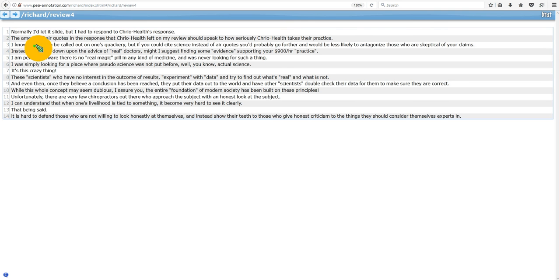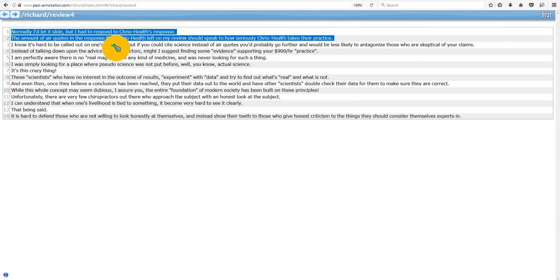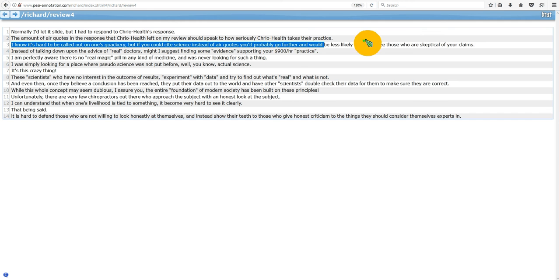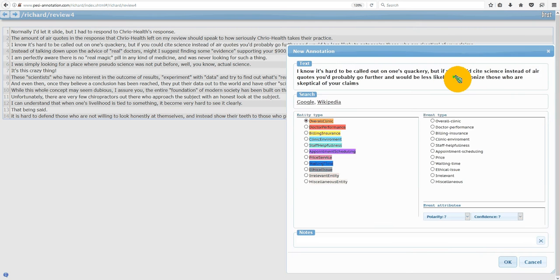The third one is, "I know it's hard to be called out as quirky, but if you could cite a sentence instead of a quote, you would probably go further and it will be less likely to blah blah blah, skeptical claim." So with this one I have a little bit of hesitation, but there are a few things here.